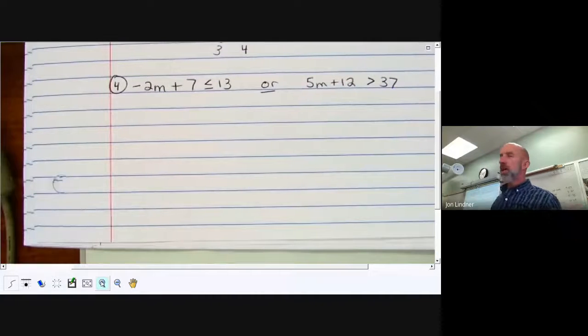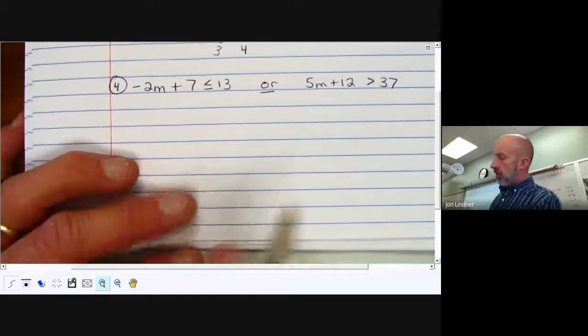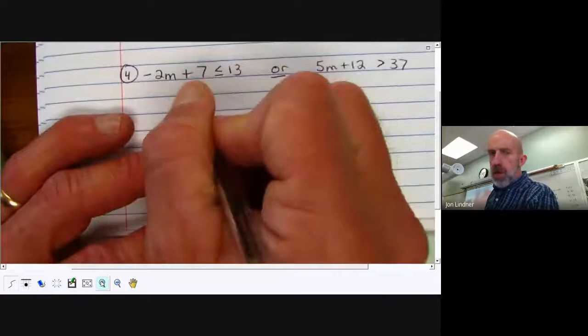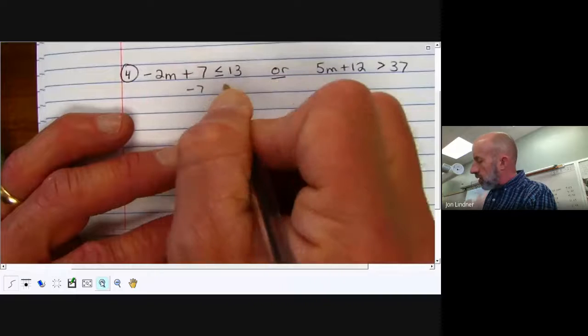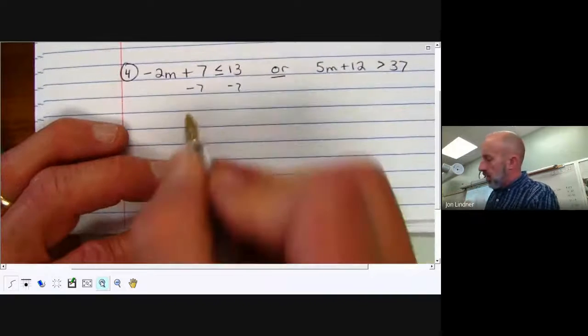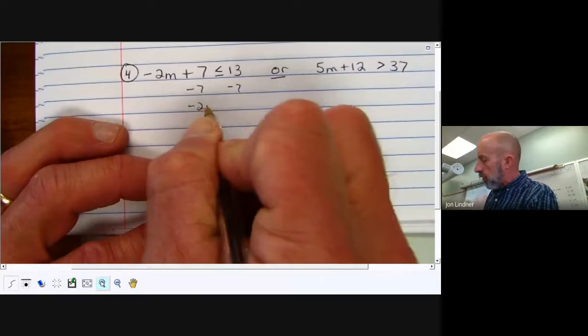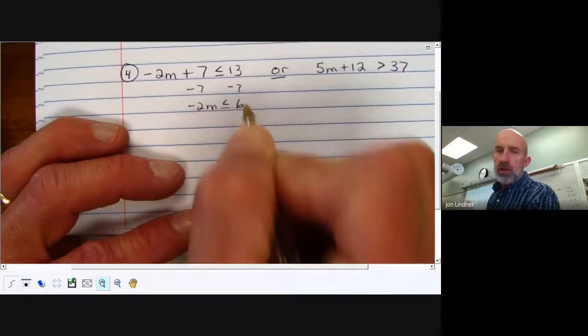So we have two inequalities we need to solve. Let's go ahead and do our algebra and solve them. On this one, I subtract 7, and I have -2m is less than or equal to 6.